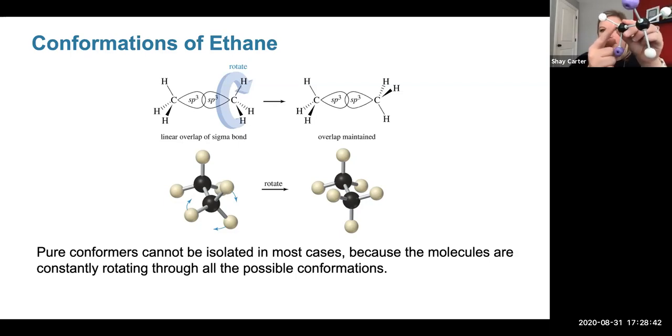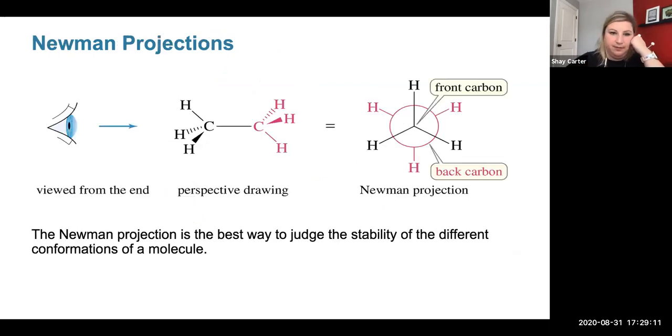We call this an eclipsed conformation because they're exactly together. And then we have a staggered conformation. We have a couple other conformations that we're talking about. But we cannot isolate these pure conformers because the molecules are constantly in motion. But we can figure out the stability of them.